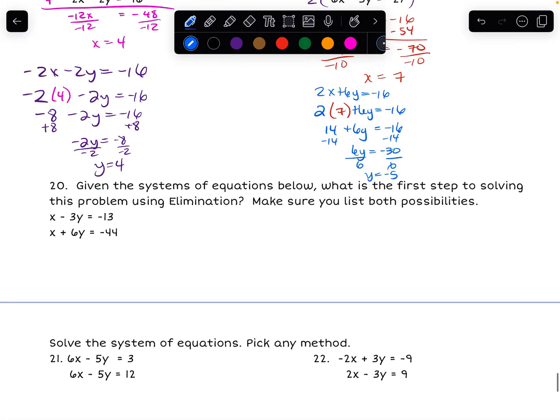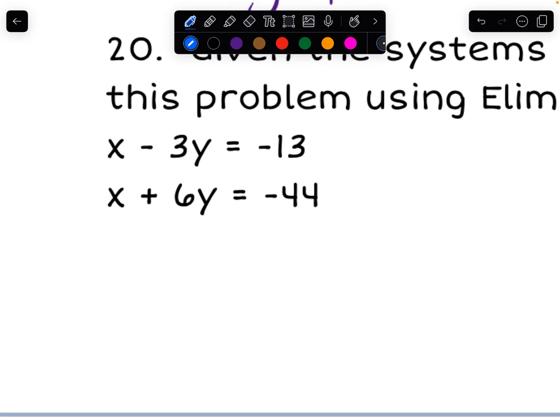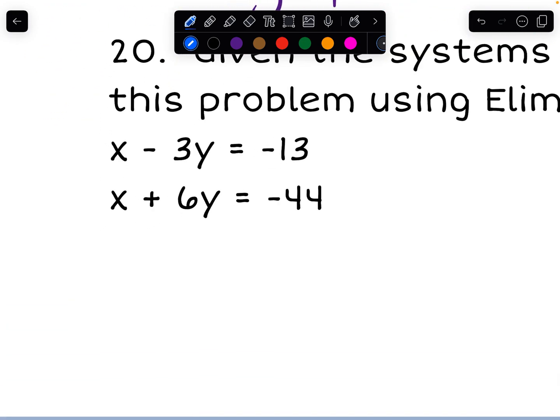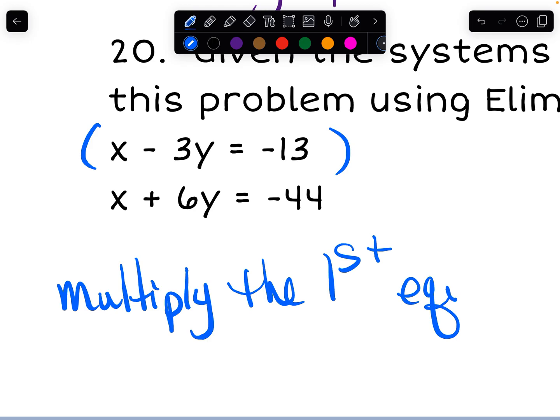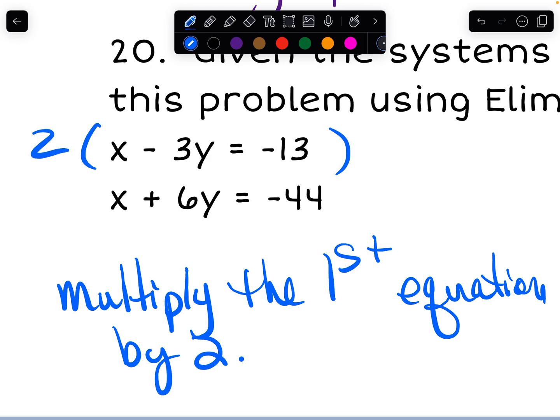Okay, given the system of equations below, what is the first step? Okay, so the first step, one of them is I could multiply the first equation by 2. If I did that, then the y's would cancel out.